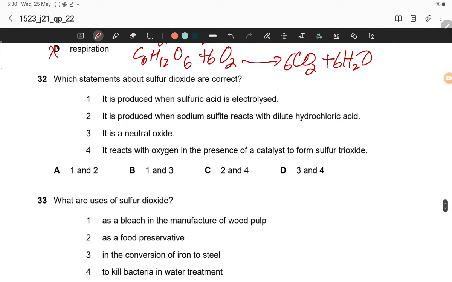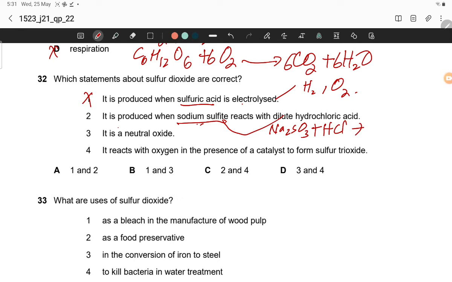Which statements about sulfur dioxide are correct? It is produced when sulfuric acid is electrolyzed. It is not correct, because hydrogen gas and oxygen gas are produced when sulfuric acid is electrolyzed. It is produced when sodium sulfite reacts with dilute hydrochloric acid: Na2SO3 plus HCl gives NaCl plus sulfur dioxide plus water.